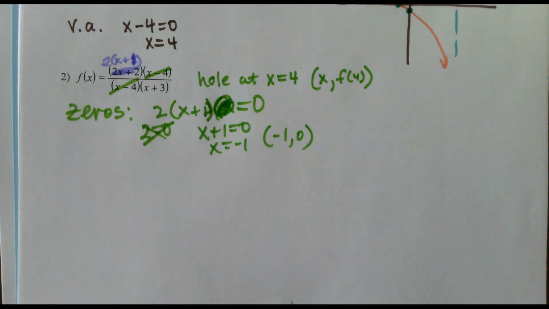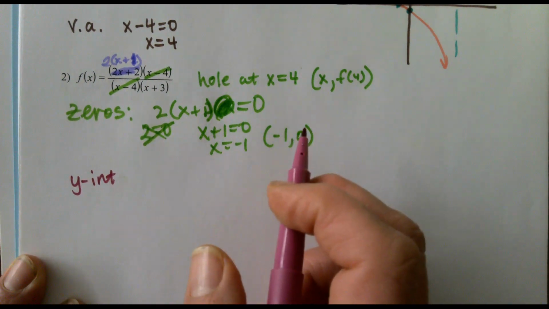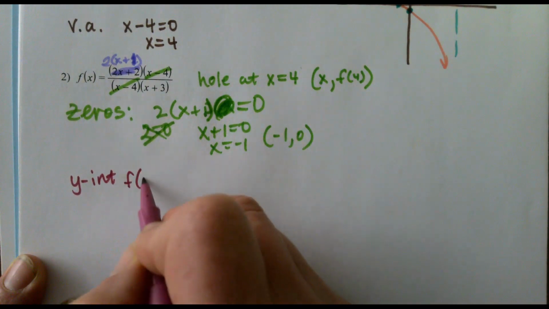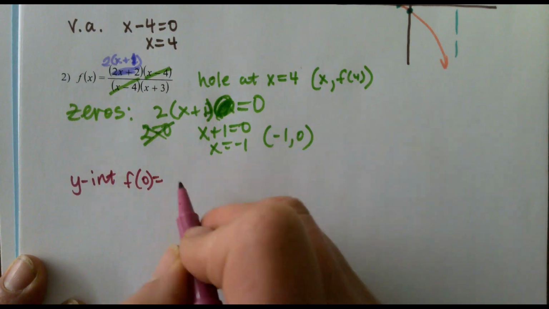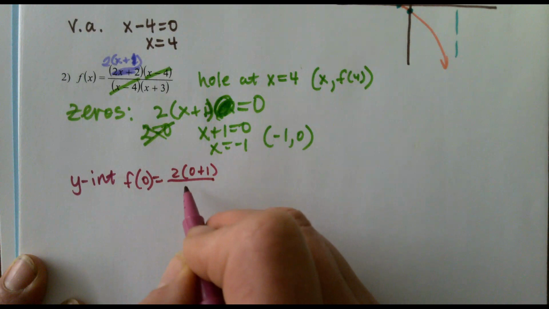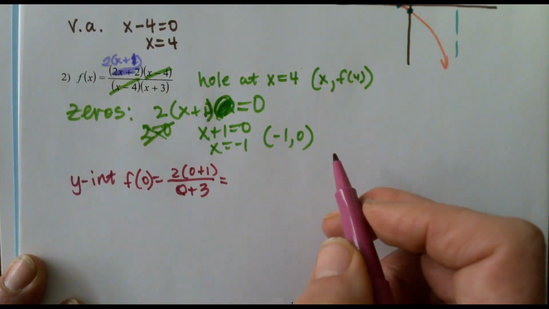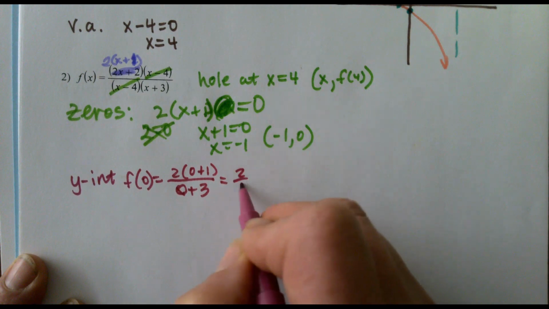Then I'm going to find my y-intercept. And that is at f of 0. And so that's 2 times 0 plus 1 over 0 plus 3, or 2/3.